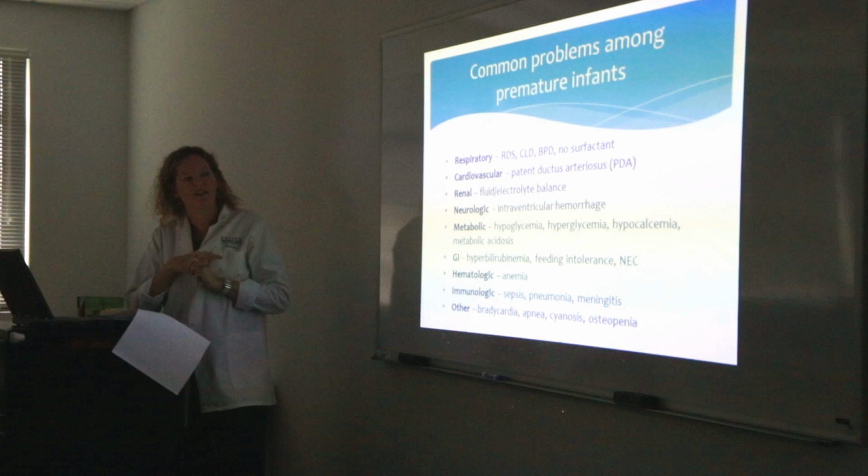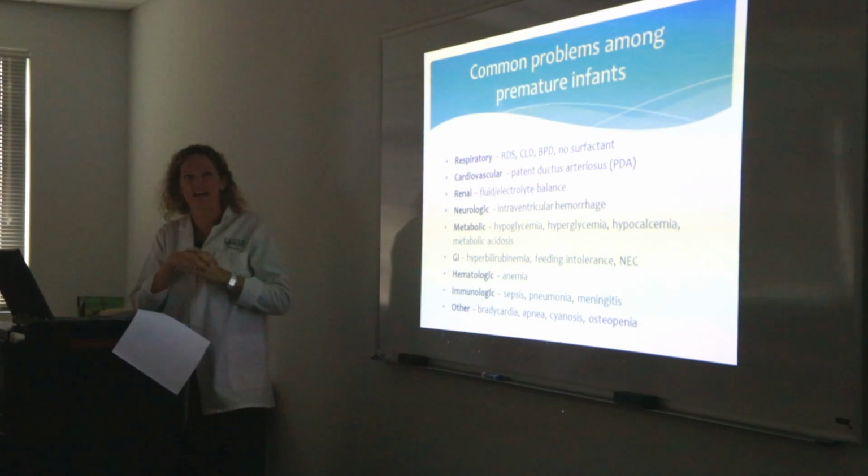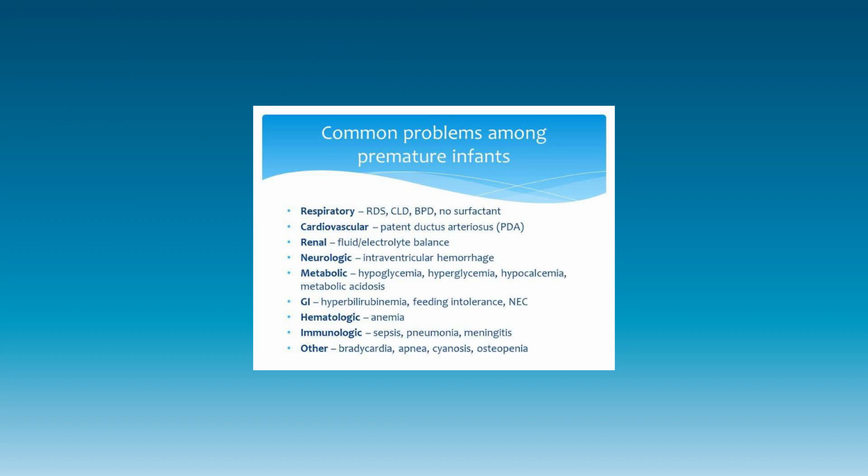With your preemies, there are a lot of different clinical conditions that can happen because they're born prematurely and things just didn't have a chance to fully develop. And you can have a lot of these happening simultaneously.